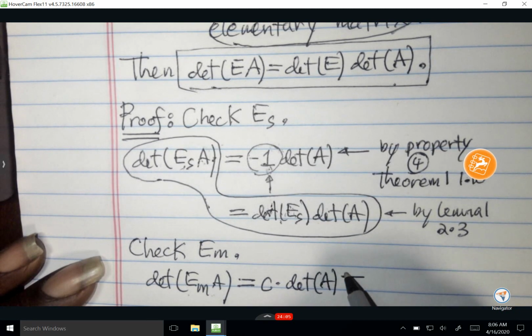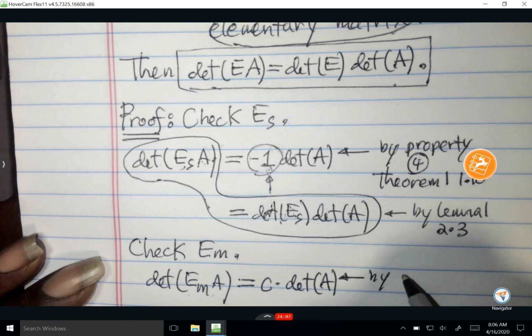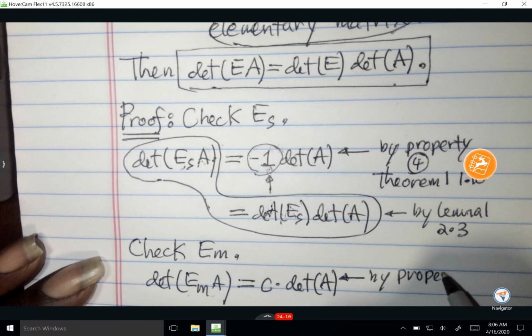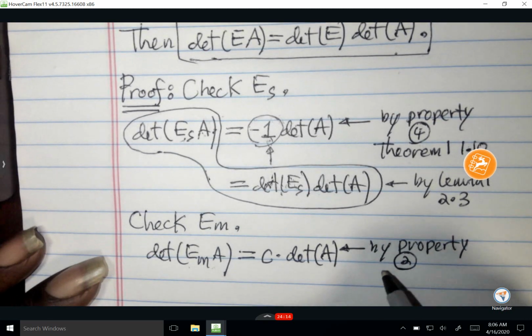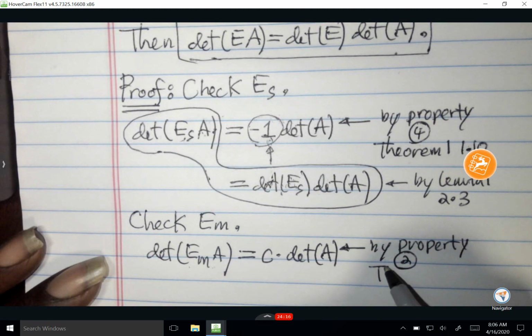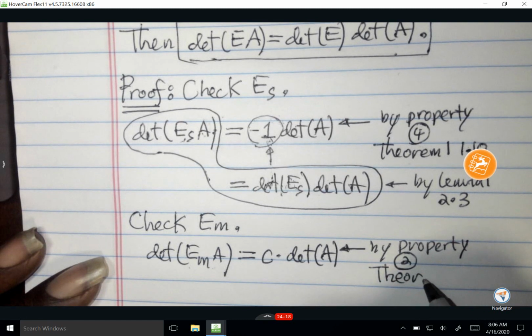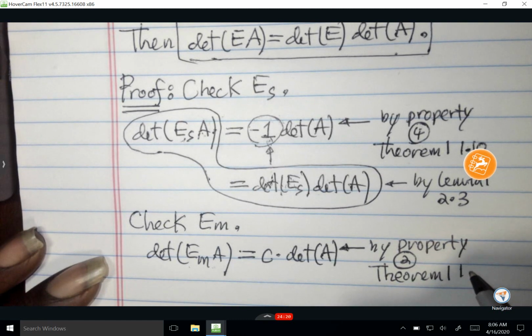By property 2 this time, in Theorem 1 in 1.10.